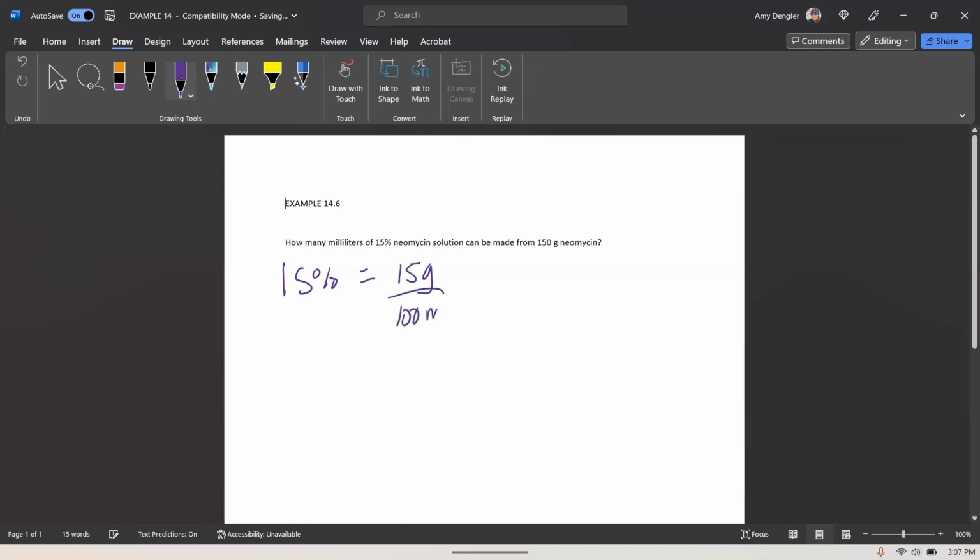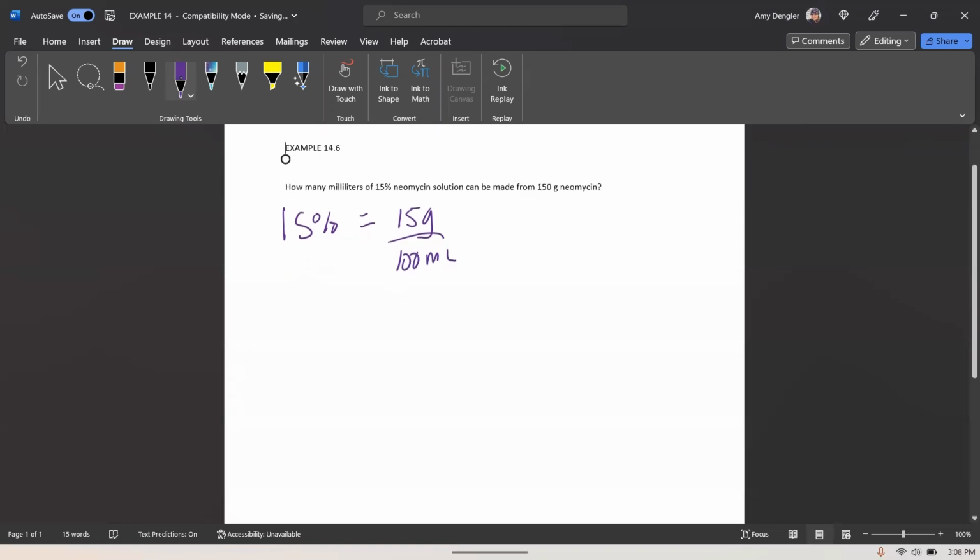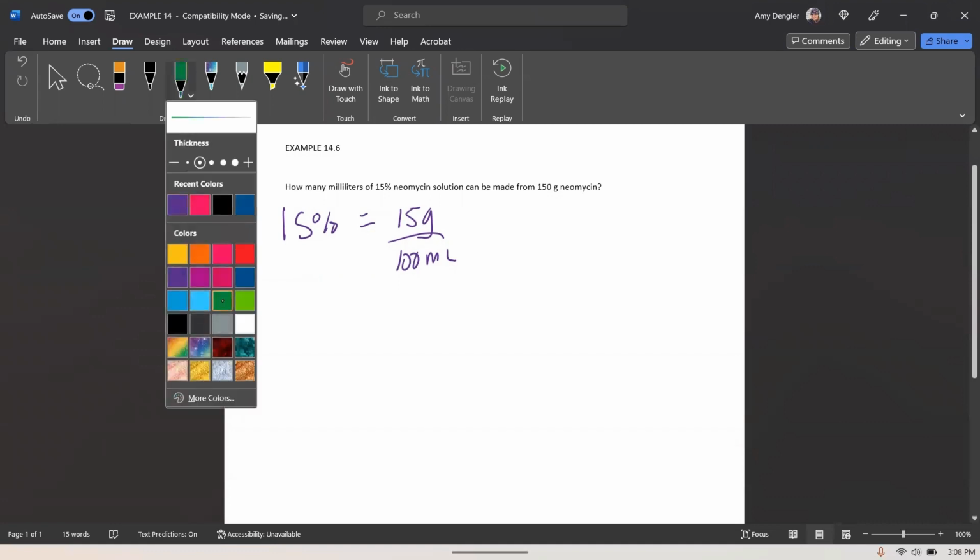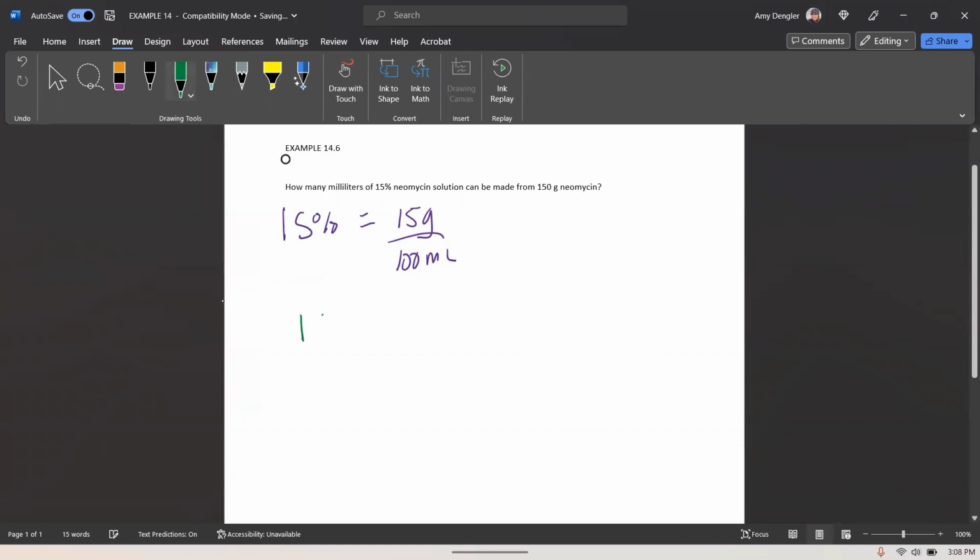So you can see that the weight volume problems are the ones we use the most. And then I'm just gonna simply do a proportion using that on one side. And then I have 150 grams. It's asking me how many milliliters, so this makes sense.